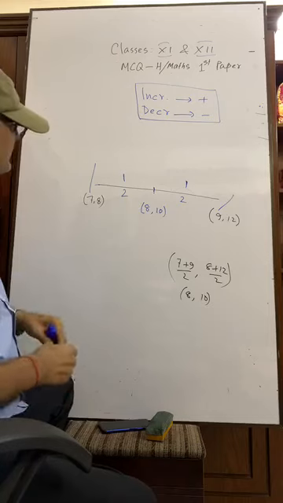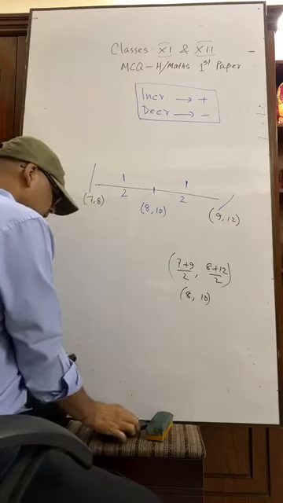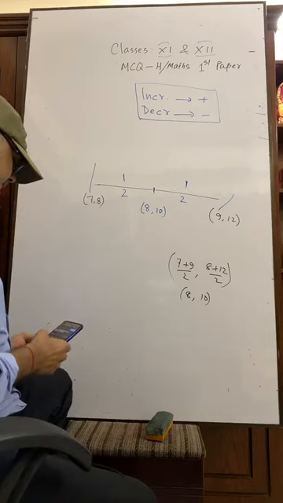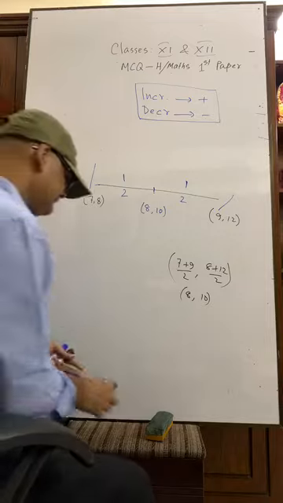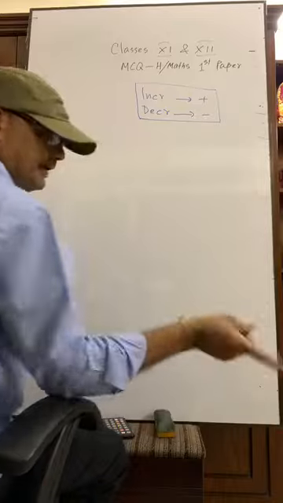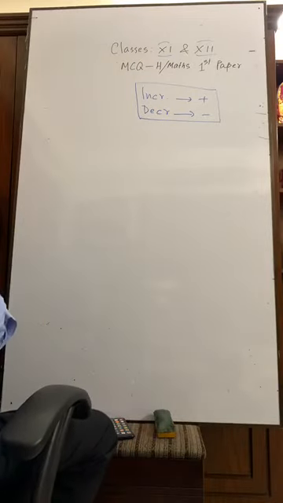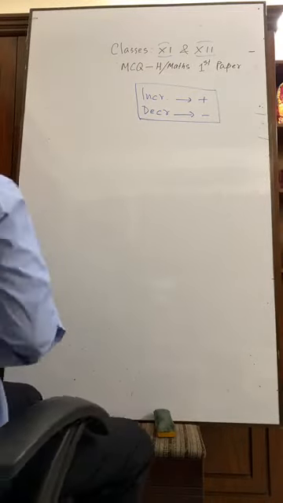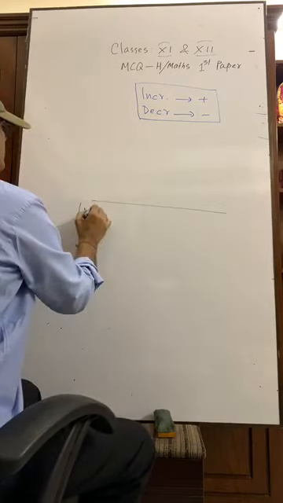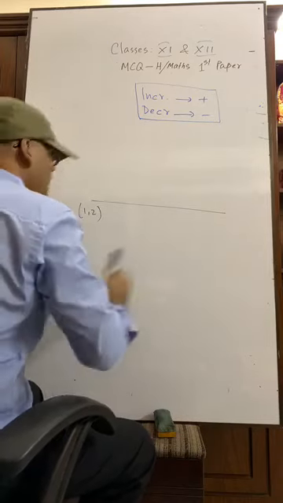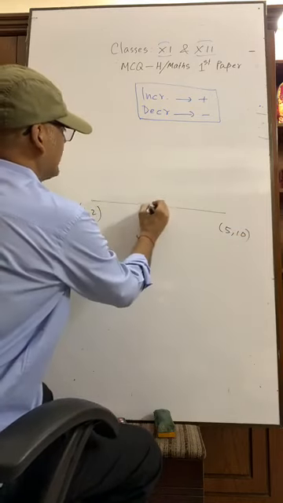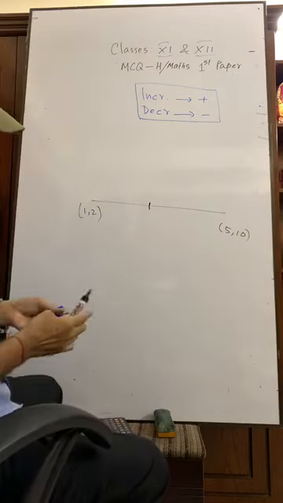Have you seen? Okay, I am giving you another example. Suppose you have to determine the midpoint of the points 1, 2 and 5, 10. The midpoint is to be found out.